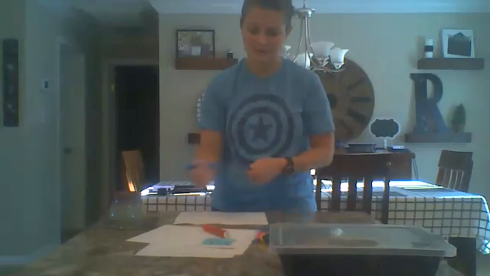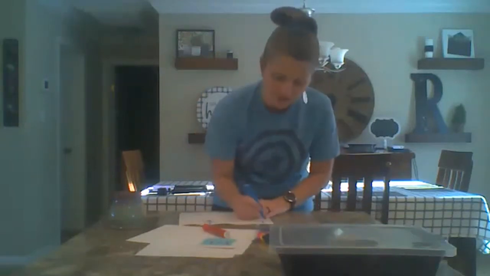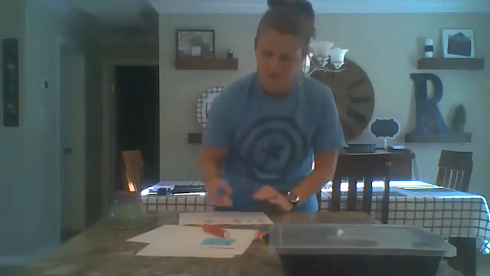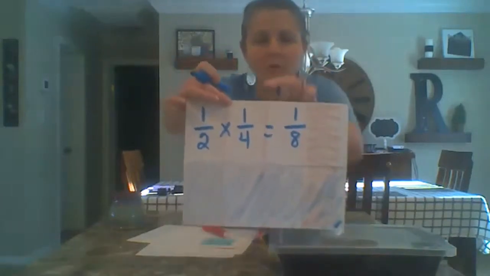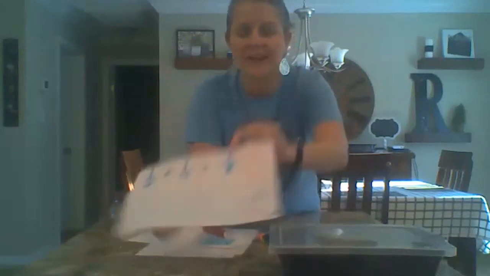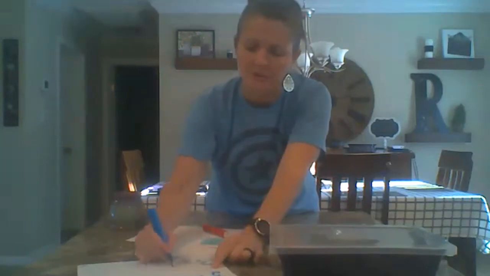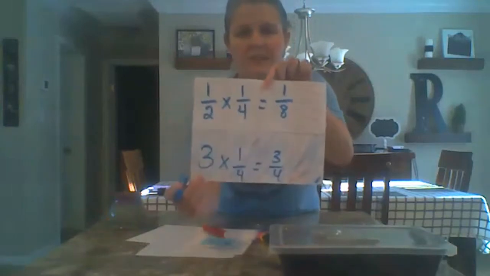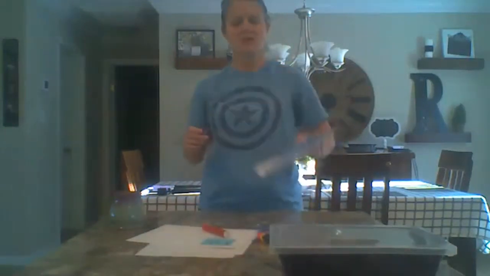So I just did 1/2 of a group of 1/4 of a strawberry cobbler, and what I did was this multiplication problem: 1/2 of a group of 1/4 equals 1/8. Just a minute ago we were talking about how 3 groups of 1/4 would be 3/4. So we're thinking about it the same way, as a multiplication problem.